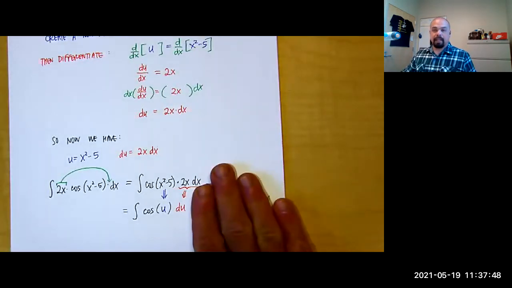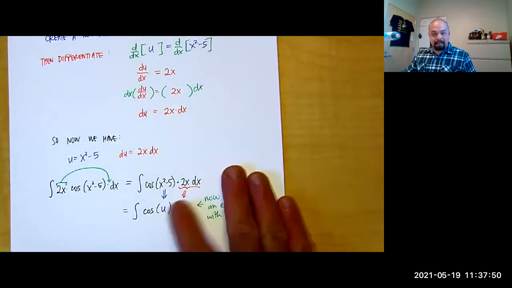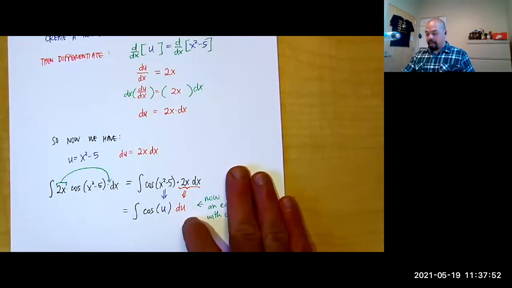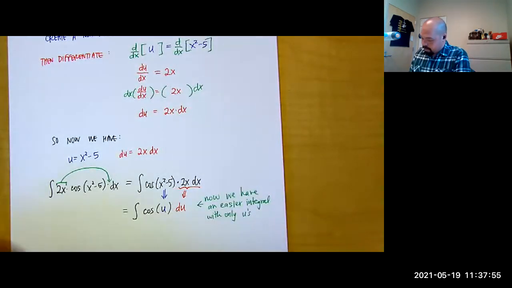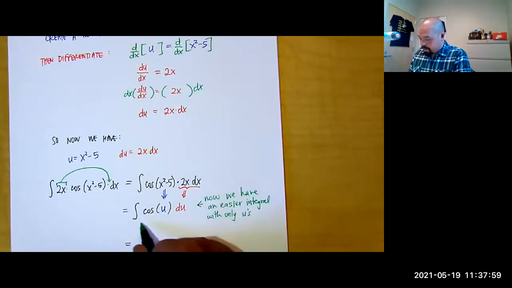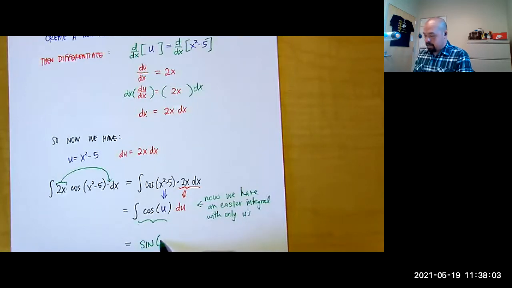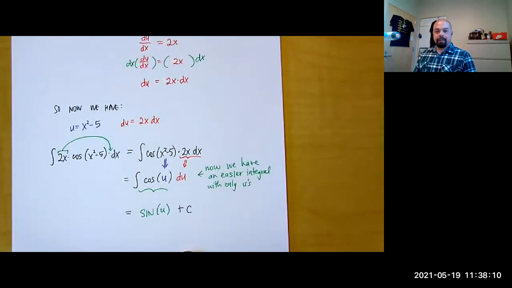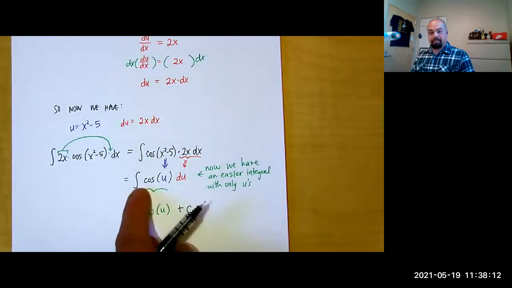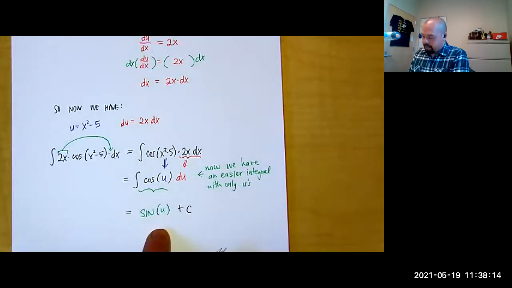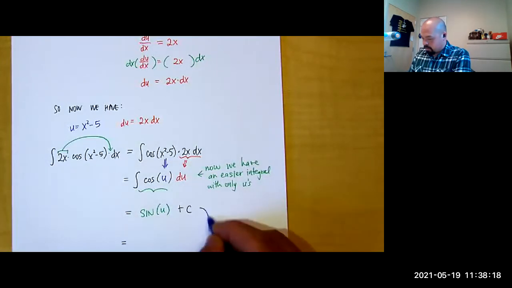And this cosine, just like we had with theta and x, the antiderivative of that cosine is the sine of u. And since we have this indefinite integral, don't forget the plus c. That antiderivative, the sine, but we want it back in terms of x.